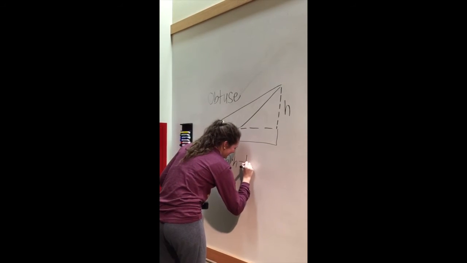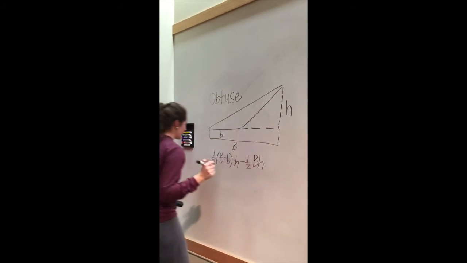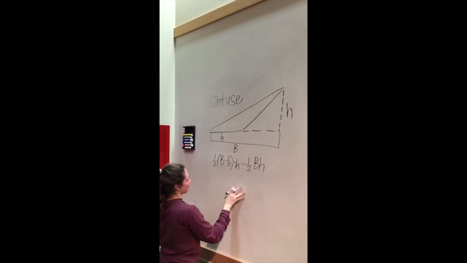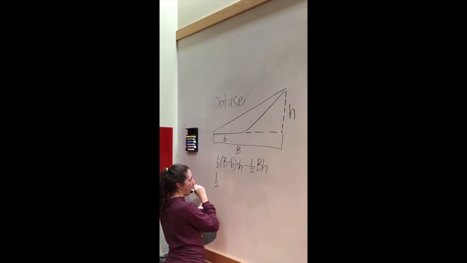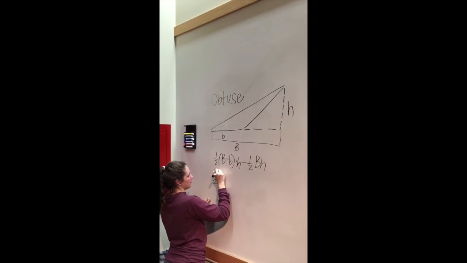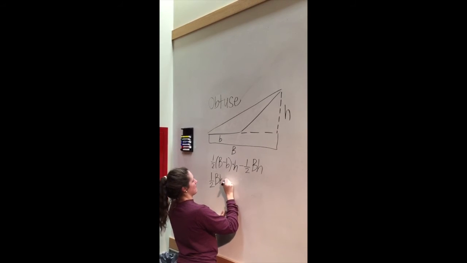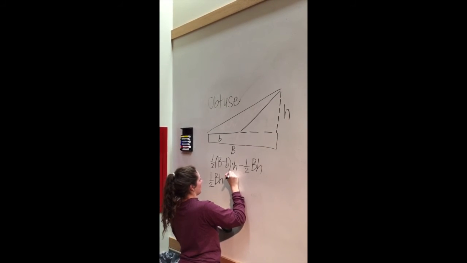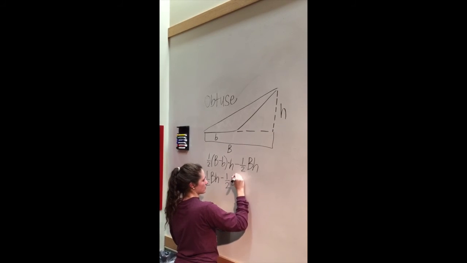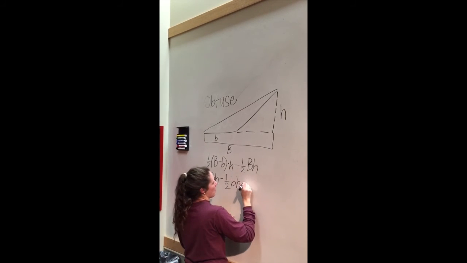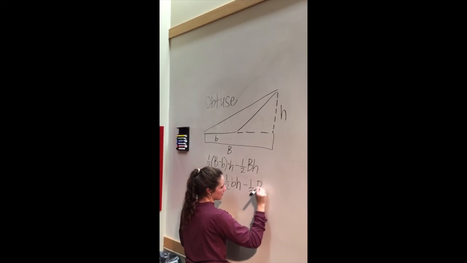minus 1/2 base times height. So then we're going to distribute that out, and we get 1/2 base times height minus 1/2 little b times height, and then our 1/2 base times height.